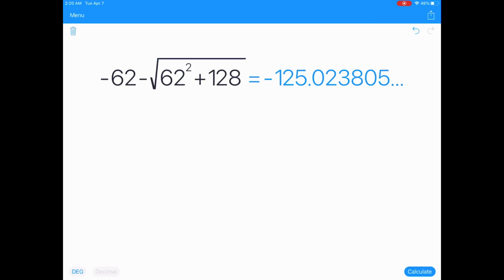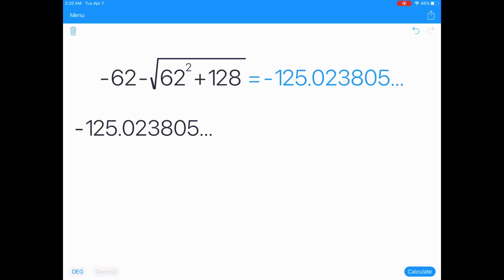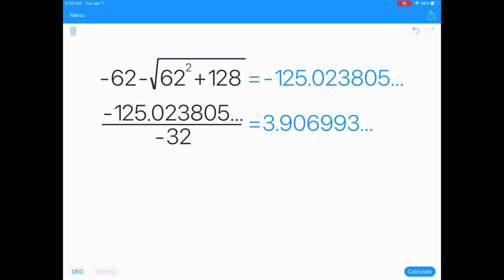Now, for the next one, I'm just going to do the minus version of this, and you get -125.028 or 3805, all that kind of stuff. Then I'm going to divide that again by -32 and see how that comes out. That comes out to 3.90, I mean. If I round that to the nearest tenth, 3.9 will do fine.